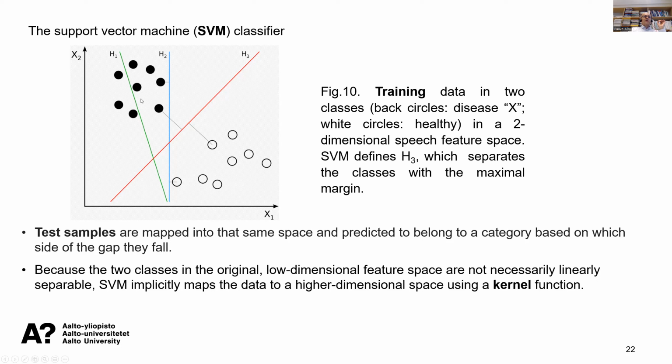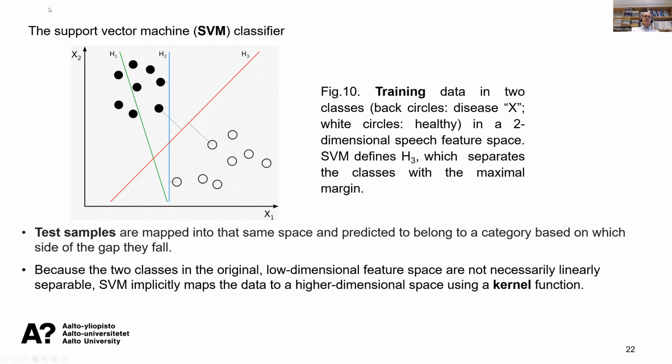You can also see this green and blue line here, and these are, as you can see, non-optimal lines. They are not computed by SVM. But to put it simple, we are in a training phase. The SVM finds this optimal red line, and that's when the classifier is then trained. And then when you have a testing sample, it is now either a healthy one or pathological.